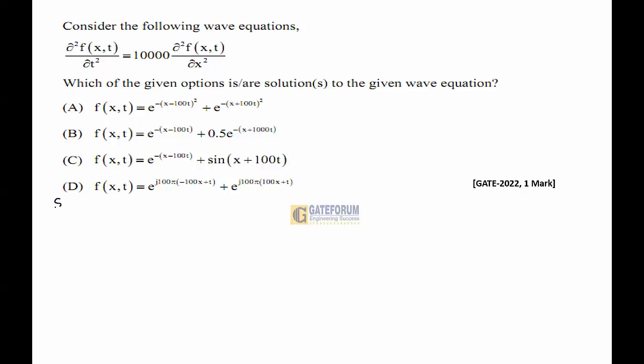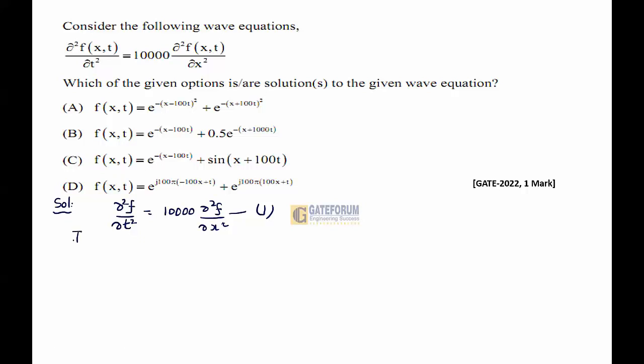Solution. So the wave equation is ∂²f/∂t² is equal to 10,000 times ∂²f/∂x². Let us say this is equation 1. Now you can check A, B, all options.